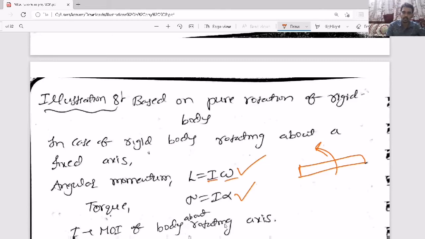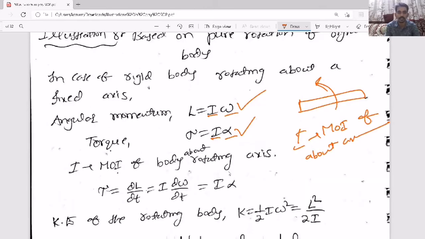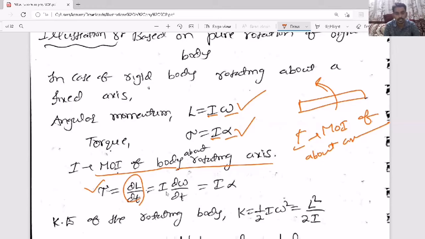Angular momentum is I into omega, torque is I into alpha, where I is the moment of inertia of the body about the axis about which it is rotating. So torque tau equals dL by dt, that is I into d omega by dt, I alpha.